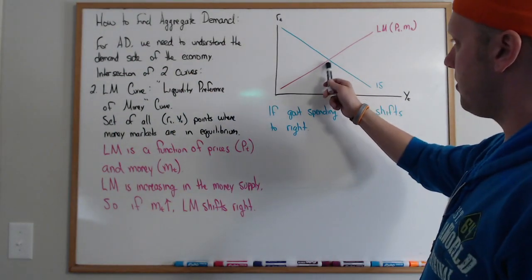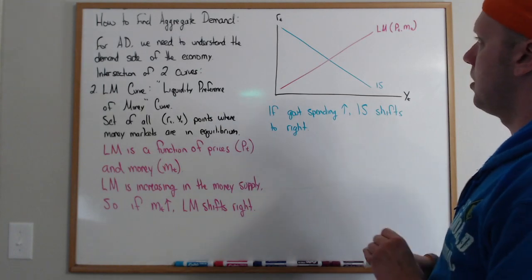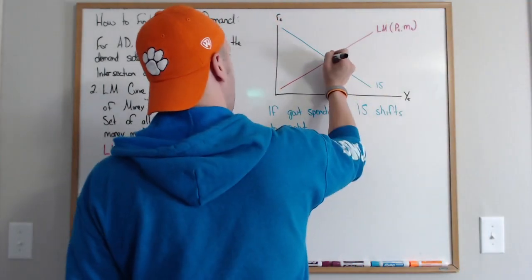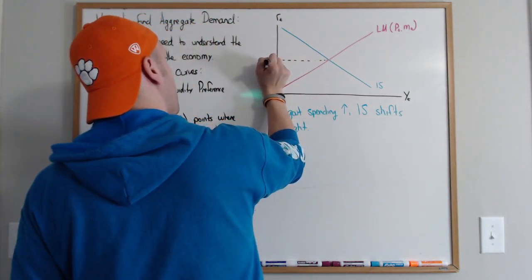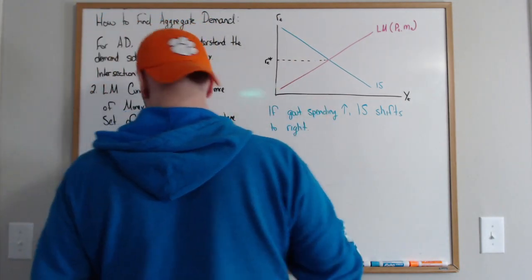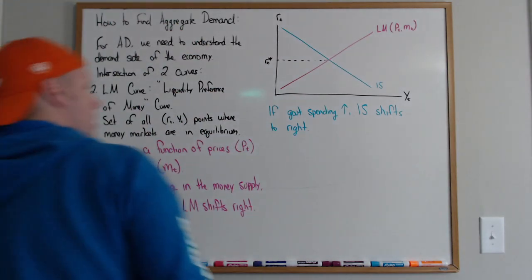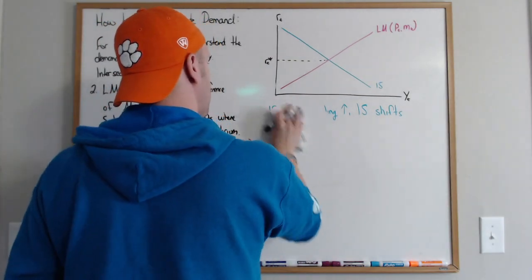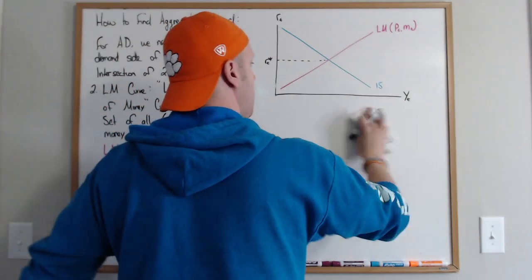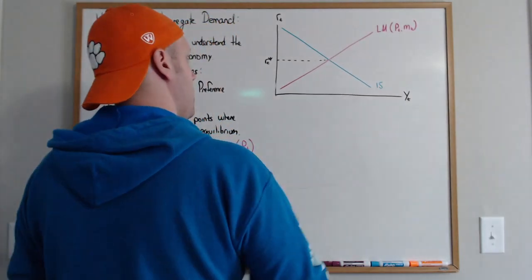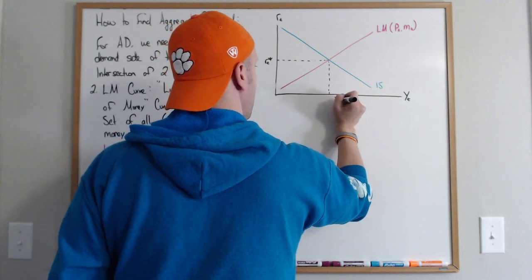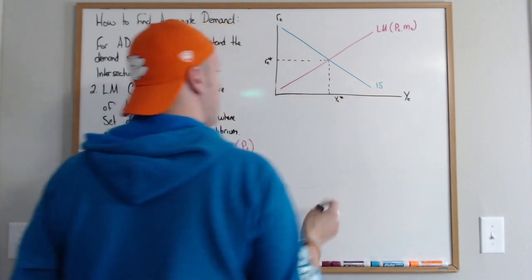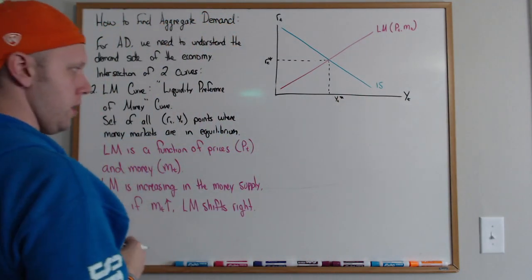At this point, we'll call it R star. This is an equilibrium interest rate and equilibrium output, YT star, and that star is going to go off to the side. You're going to want to keep it off to the side.